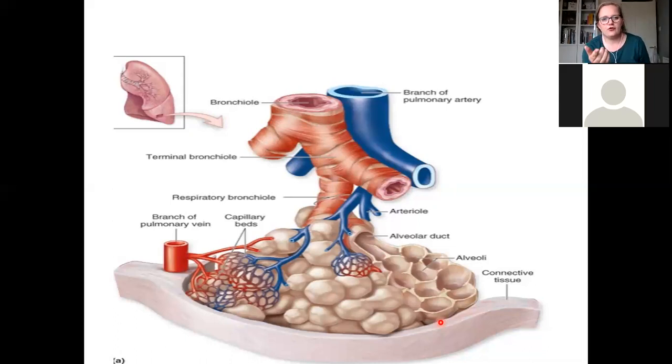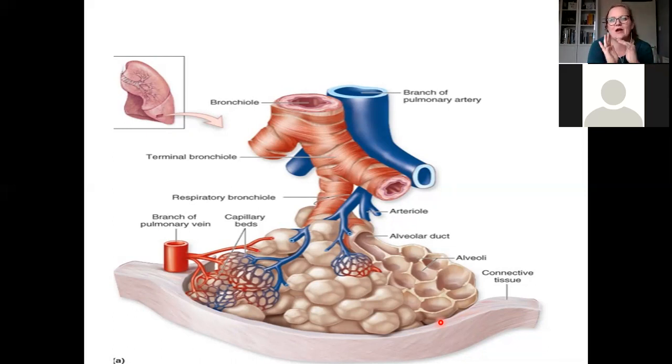And so we often don't draw it like this when we're looking at the macrostructure. But when we look at the microstructure, we have a bronchiole, and next to the bronchiole, we have a branch of the pulmonary artery, and they run right next to each other. Pulmonary artery, that is the artery that is going away from the heart. It's going to the lungs.